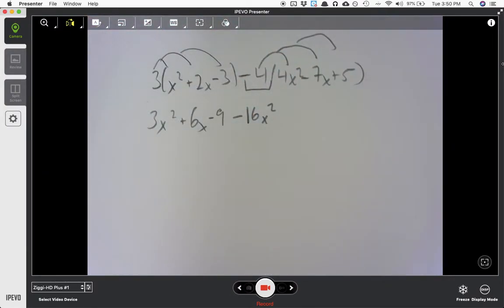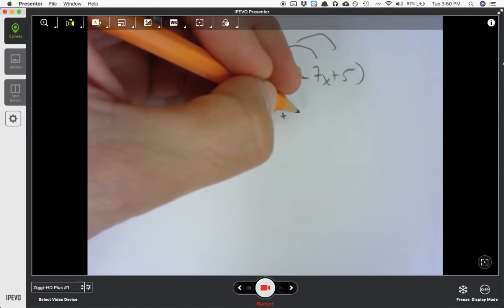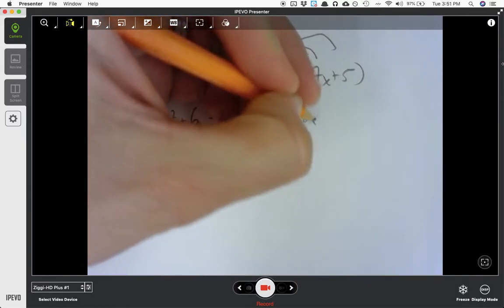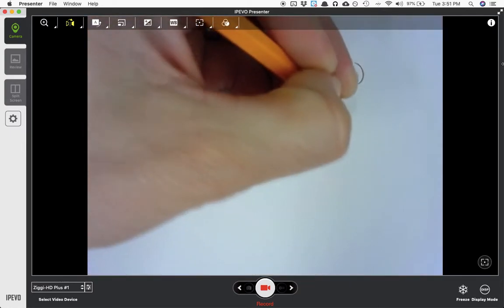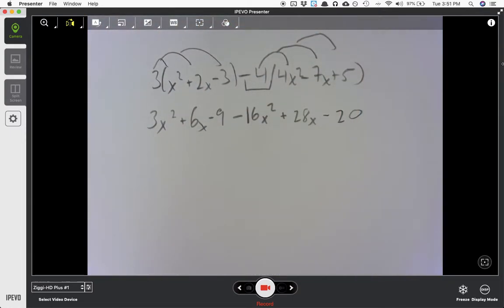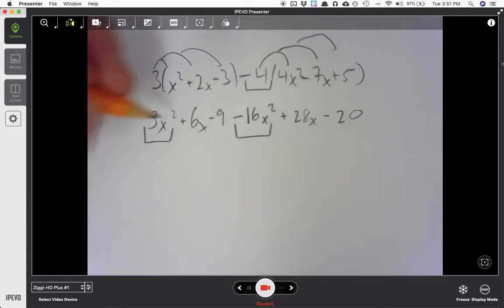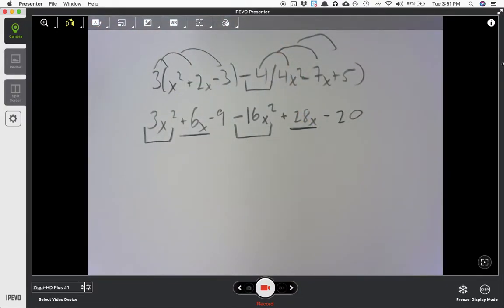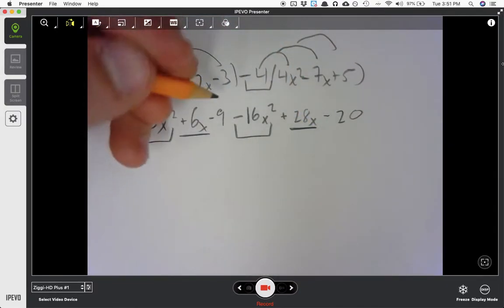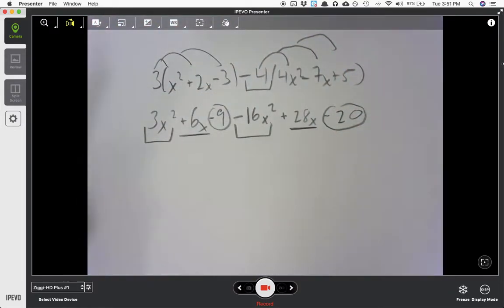Negative 4 times negative 7x is plus 28x, and negative 4 times 5 is negative 20. And now I just need to combine my like terms: 3x squared minus 16x squared, positive 6x and positive 28x, and negative 9 and negative 20.